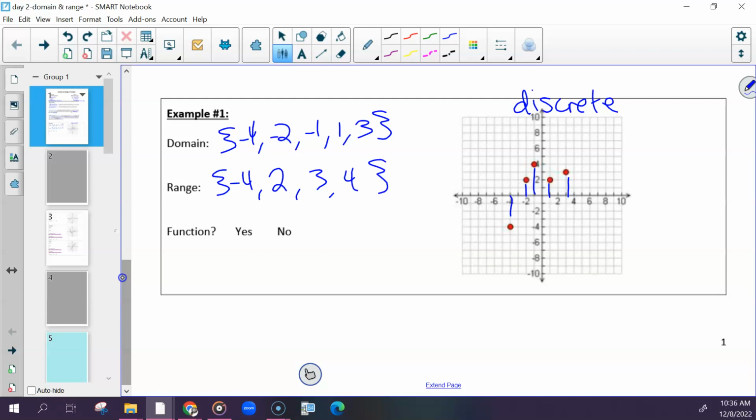So if you don't have a continuous function, you should be just listing out the numbers. Because if I said this was from -4 to 3, that would not be true. There aren't points in between here that are part of your x values. Just the specific points. Is this a function? Yes. We don't have any repeating x's, so yes, that is a function.